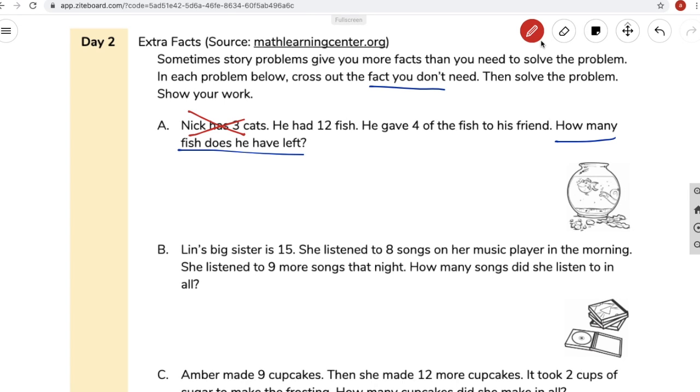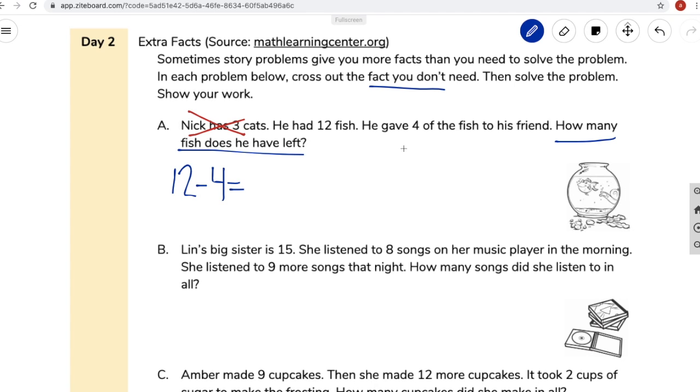All right. So we are going to figure out how many fish he has. He says he had 12 fish. He gave 4 of the fish to his friend. How many does he have left? So if you're comfortable, you could say, well, he had 12 fish. Gave, if he's giving them away, that means we subtract, right? And then we can find the answer of how many he has left.